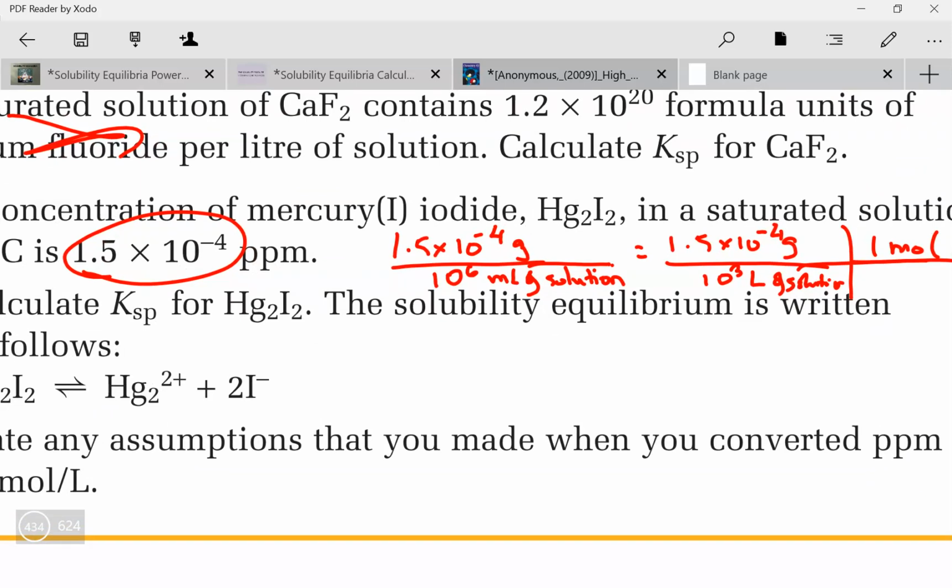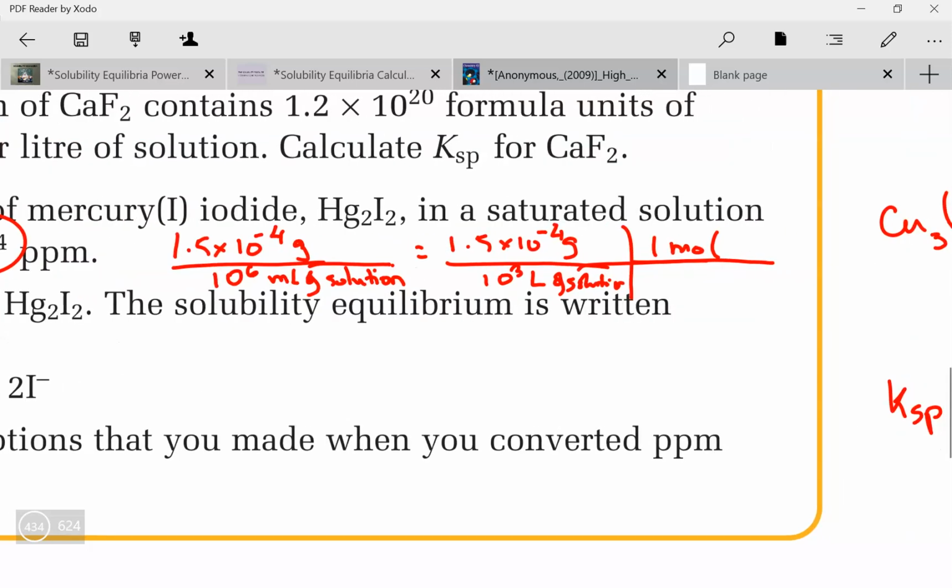But the molar mass of Hg2I2 is 654.98 grams per mole.